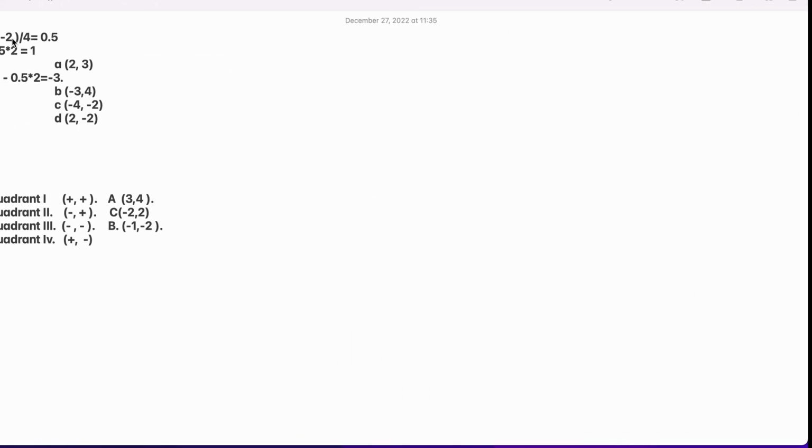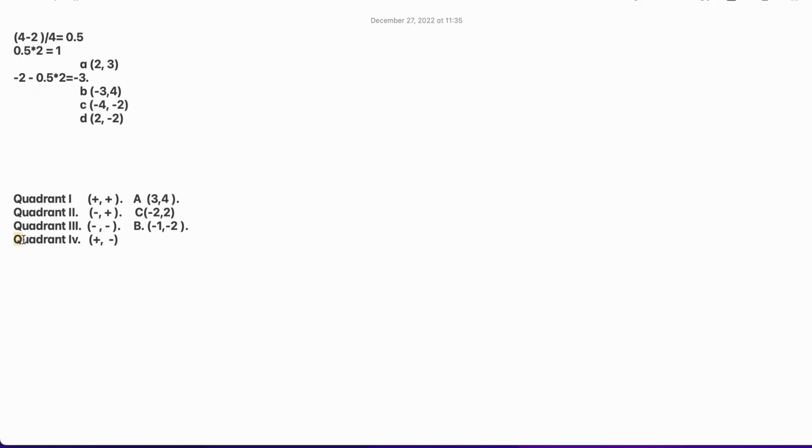And guess what? If we use this general formula, these four rules, to make up our own points, I want you to say which quadrant it is, right? Okay.